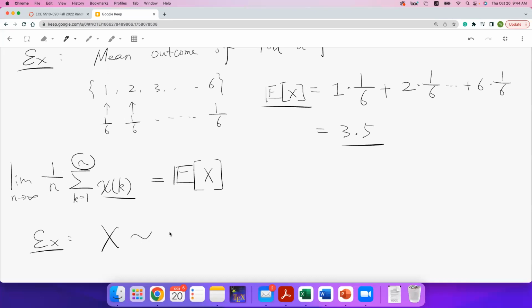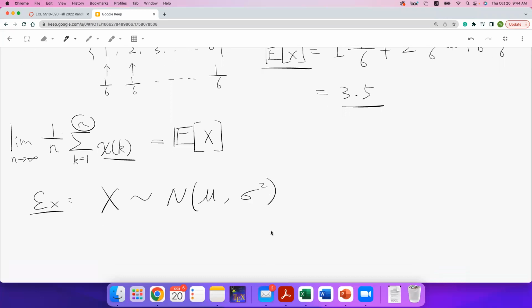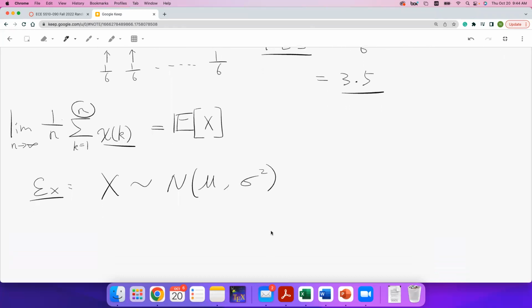Now, the other one is when we consider a random variable which is a Gaussian random variable centered at mu with standard deviation sigma. The question is, what is the mean or the expectation of this random variable? Well, we all know the mean is mu, but let's prove that.